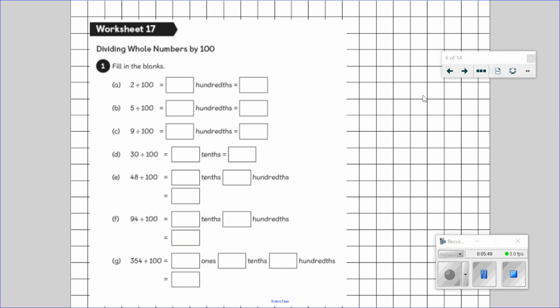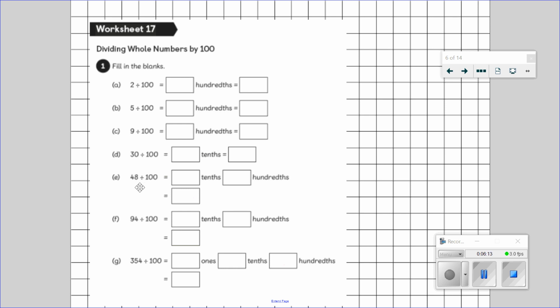So here's our worksheet and we're filling in the blanks. The first one asks 2 divided by 100, and here you'll need to put your hundredths, and in here you need to write it as a decimal. If we look down at this one, 30 divided by 100, here you need to put your answer in tenths, and here write it as a decimal.